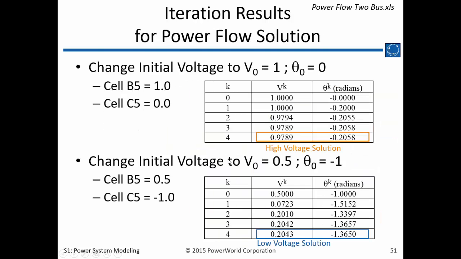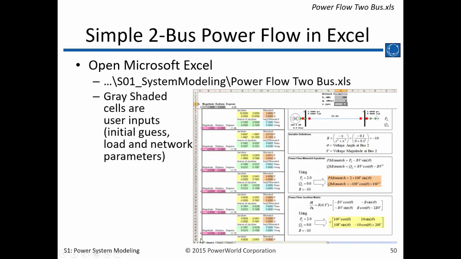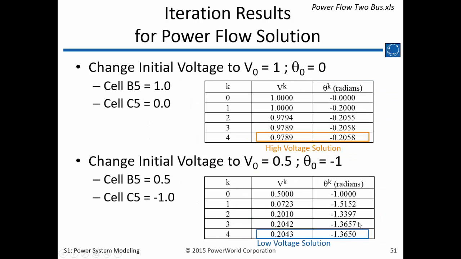But what would happen if we chose a different starting point? We won't run through these equations here, but it will just show you the result. The result was if we started with 0.5 at minus 1 radian, we actually end up with the voltage going down instead of up. And so what we've done is we've started on the other side of the PV curve at this bus, and it's actually converged to a solution, but it's gone to what we call the low voltage solution.